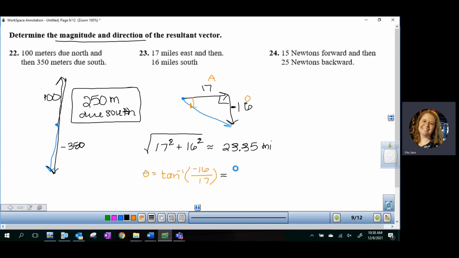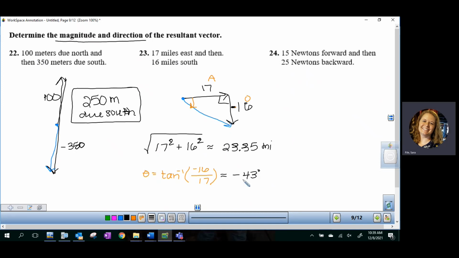Okay, so I'm in degree mode. Make sure that's the case. Inverse tangent of negative 16 over 17. And that's negative 43. And we're going to round angles to the nearest degree. So 43 is it. So approximately negative 43 degrees.